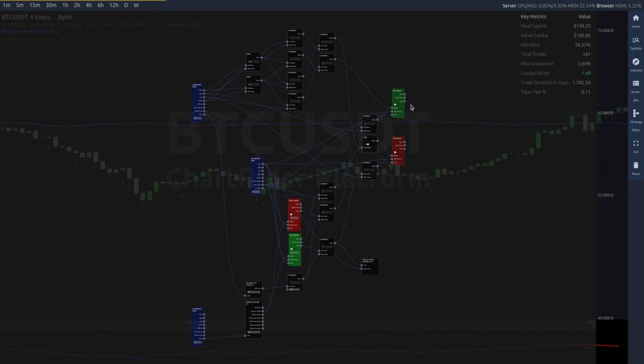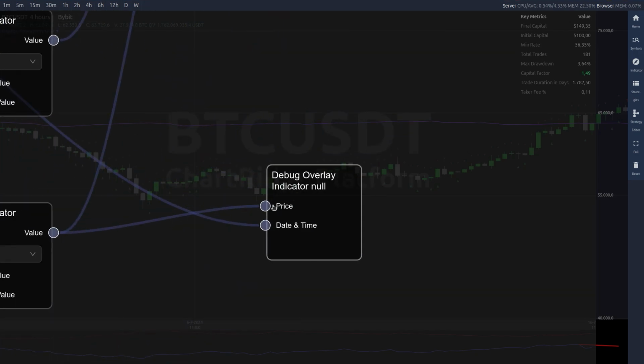This debug overlay node is always applied after you calculate the strategy, because it gets the values directly from the nodes which are processed. So the results are visible in the browser only. It's not running on the server, of course, because it's just for visualization.